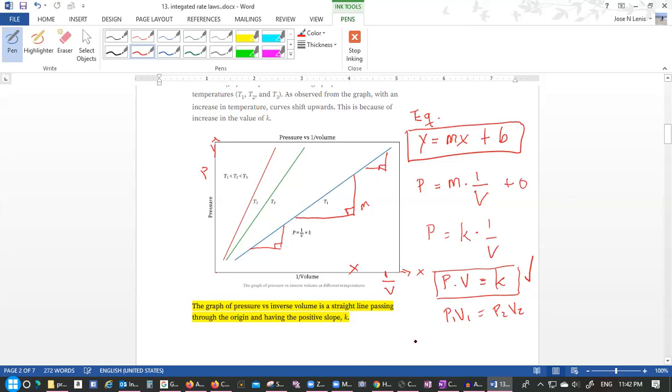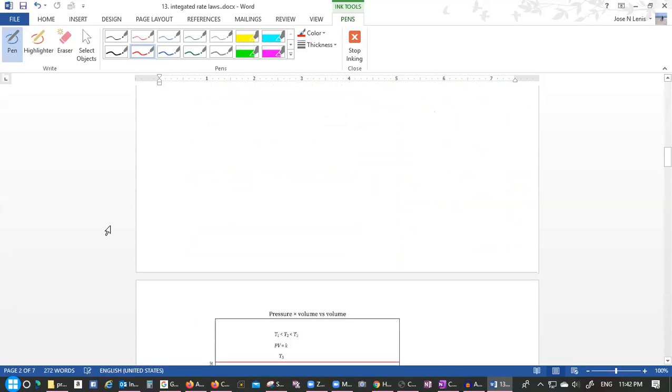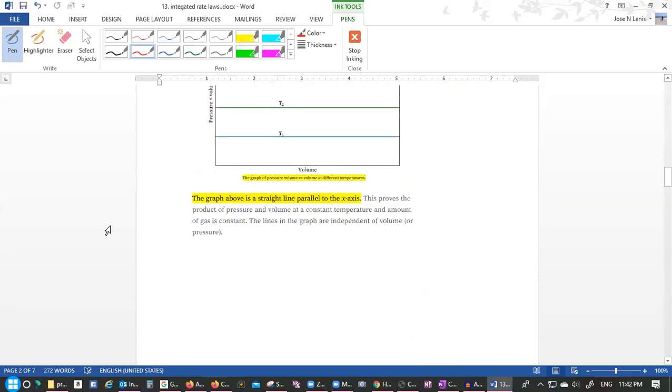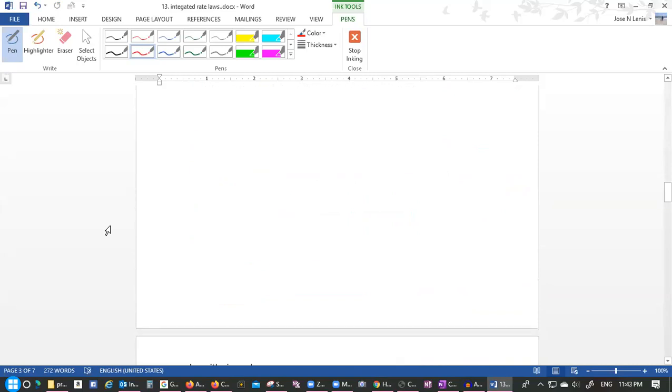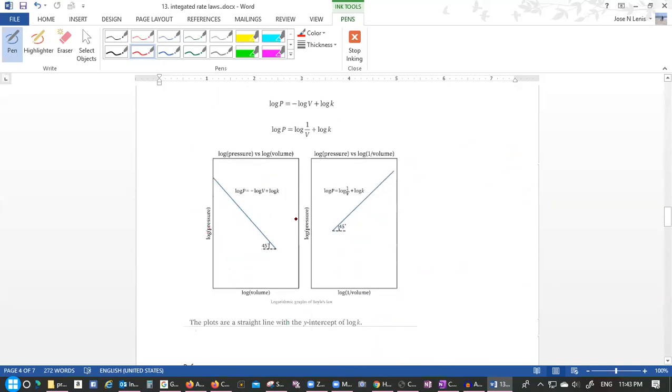All right, similar to this, we can figure out some relationships to figure out the rate laws. You can even play this. You can take logs. You can take natural logs to get the straight lines.